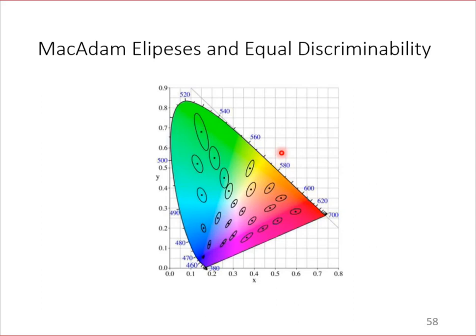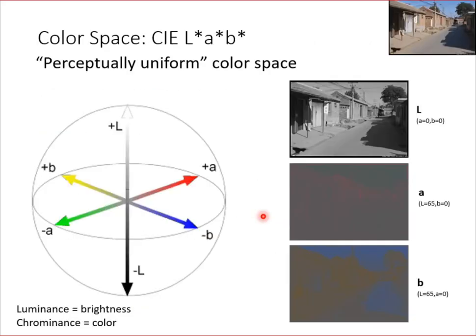If we use the color gamut, you will see the shapes of those ellipses differ, but in the L star A star B star color space, they are the same. So it's easier for us to measure the difference in perception for two colors.